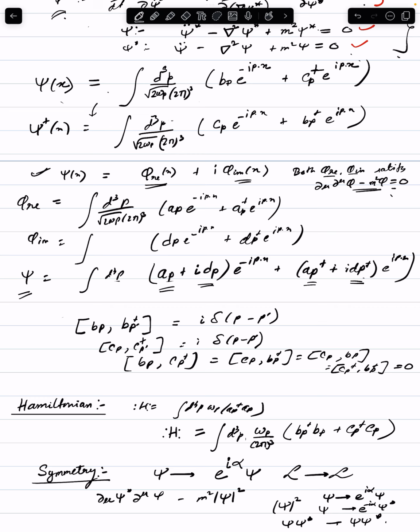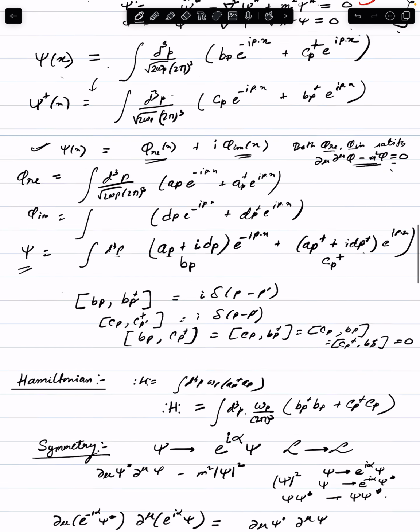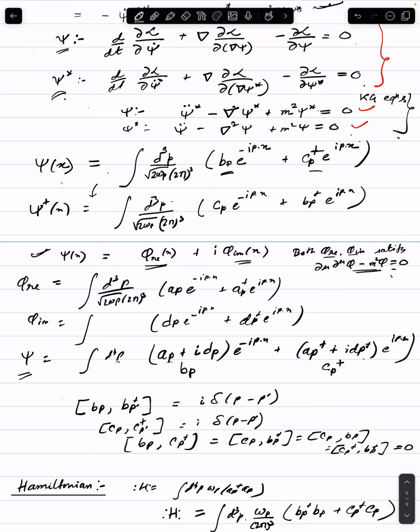Now you see that these two terms are not complex conjugates of each other because there is an i here. The complex conjugate would be a_p dagger minus i d_p dagger, but this is plus. So these are two separate independent operators, and one of them I call b_p and the other I call c_p dagger. This I can always do. So this is the origin of getting two different operators here.